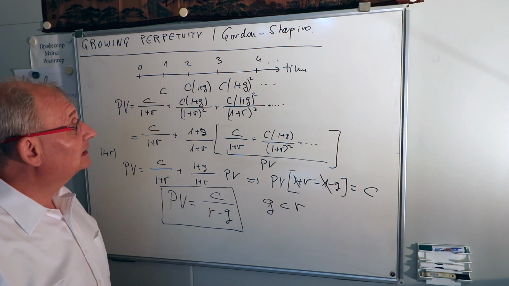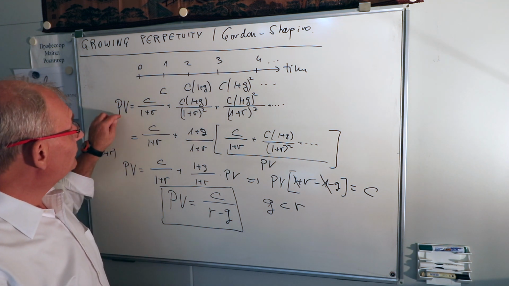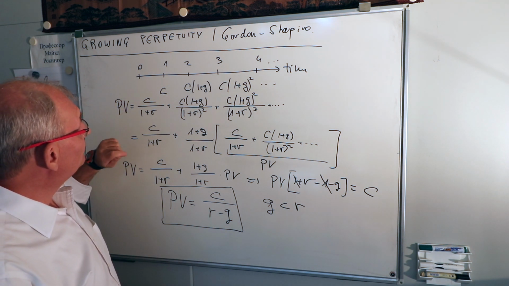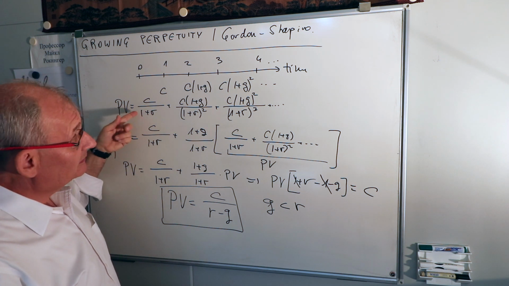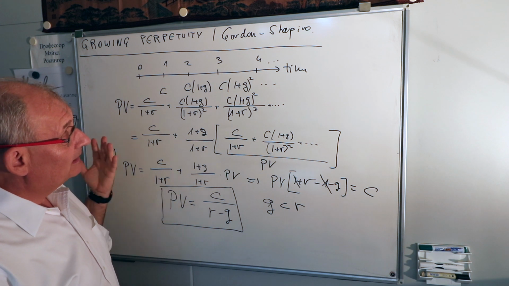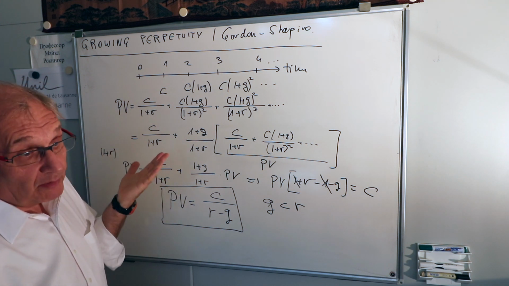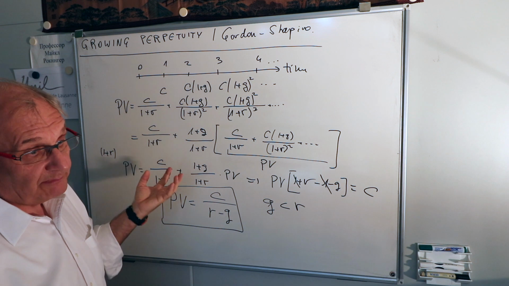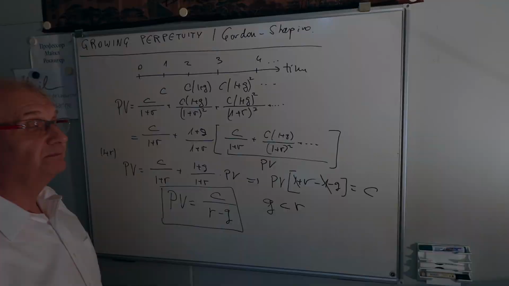It means that we have a situation where nobody wants this investment anymore. And in that case, economically, the growth rate would somehow collapse because nobody wants to buy this firm anymore.